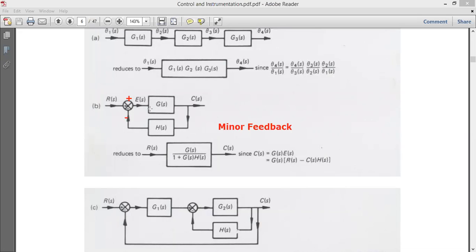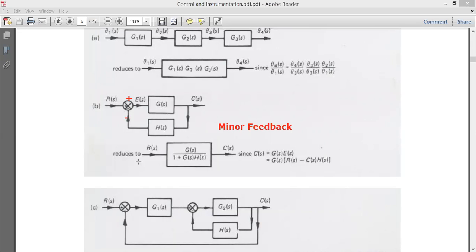So in such cases you need to go for one block which is nothing but C of S. First, how to write it: G of S divided by 1, that is the standard value, plus. Now you can see here it is plus, it is not minus.